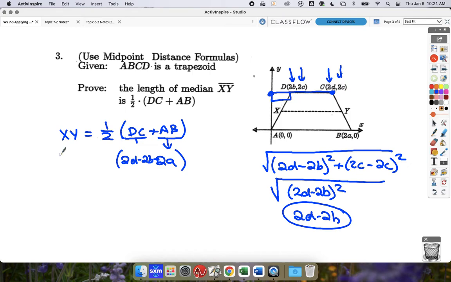So right now we have that XY is equal to 1/2 of 2D's minus 2B's plus 2A's. We need one more piece of information. What is XY? So we're just trying to fill out this blank right here.